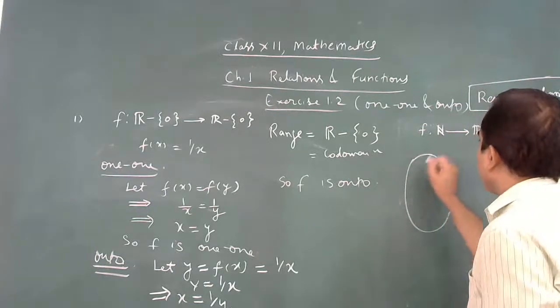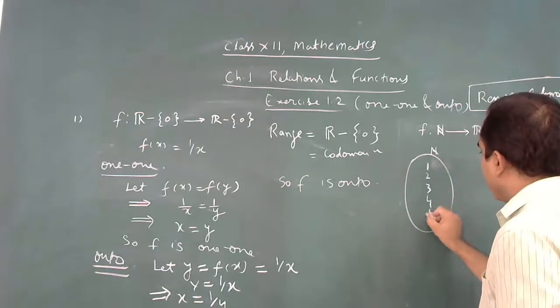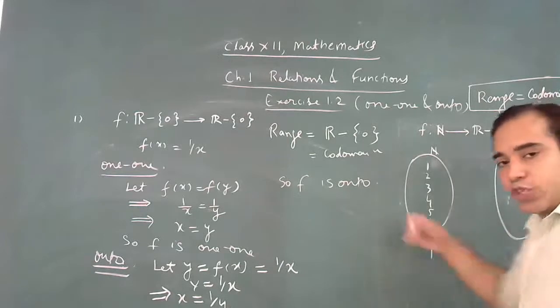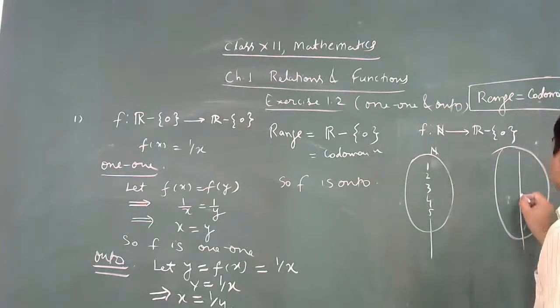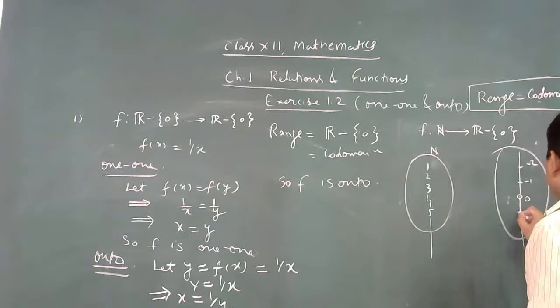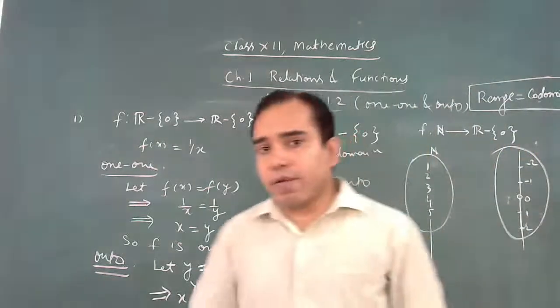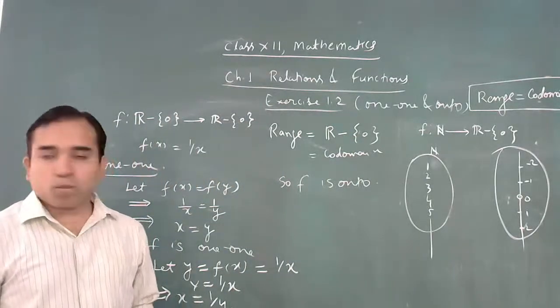So let me write, this is N, the naturals 1, 2, 3, 4, 5, etc. And this is an entire real line. I am drawing it, but 0 is not there, so at 0 I am drawing an empty circle, and before that minus 1, minus 2, and all the points, and 1 and 2 and all the in-between points, a continuous line is there. Right. Now they are asking to check whether the result will remain the same.